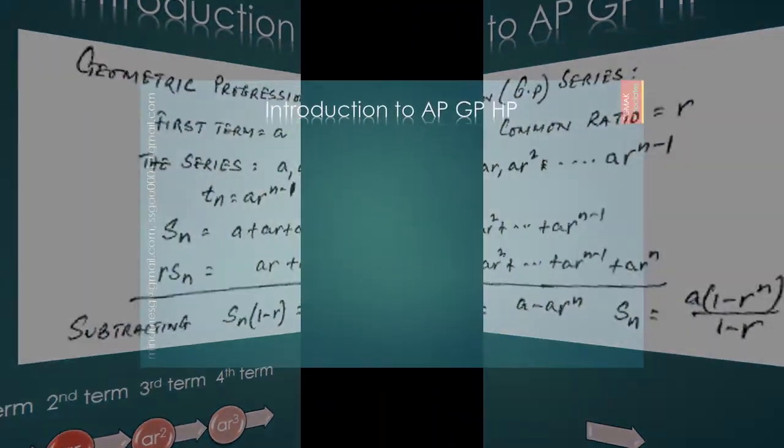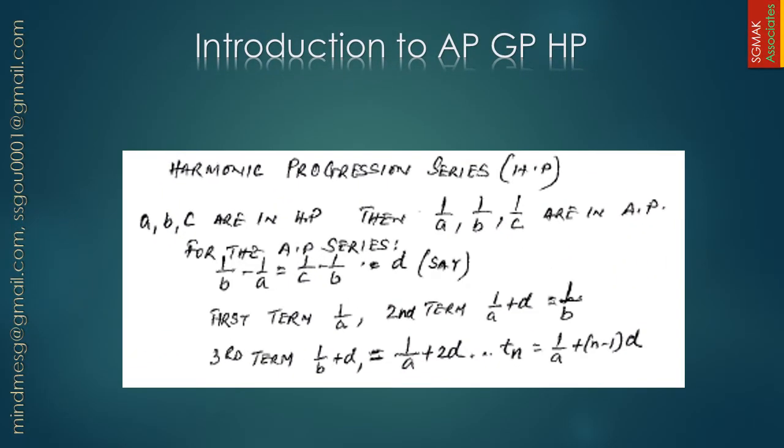Okay, look at the next one, the one that's not commonly used. If A, B, C, these three terms, are in harmonic progression, then the only property that you need to remember is that the reciprocals of each term are in an arithmetic progression.